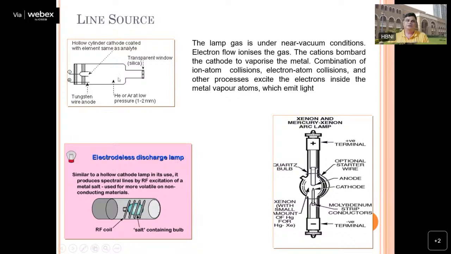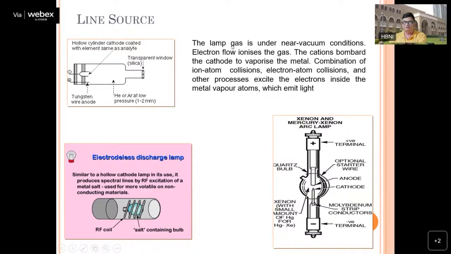This is the diagram which shows the construction of a line source, that is, a hollow cathode lamp. A hollow cathode lamp is basically a hollow cylinder. Here the material, for example lead, will be coated; my element of interest will be coated here. And it is filled with either helium or argon at very low pressure.